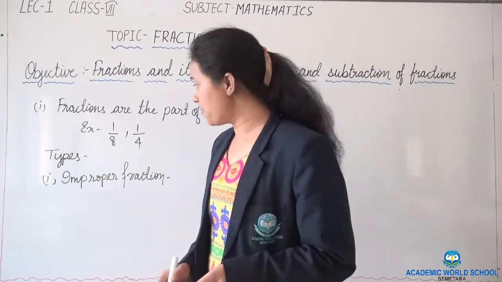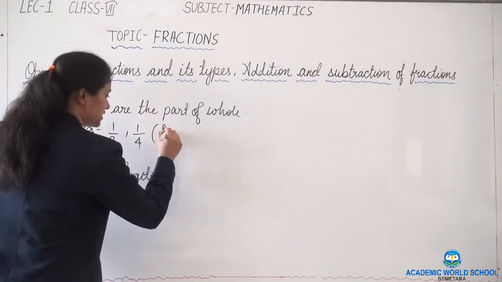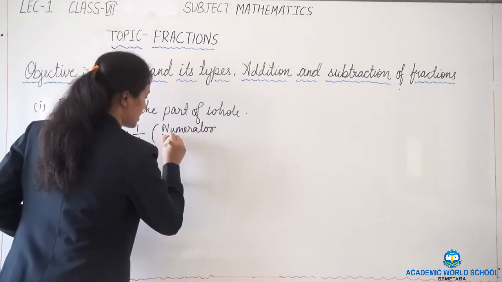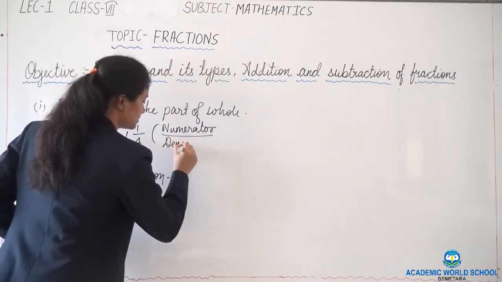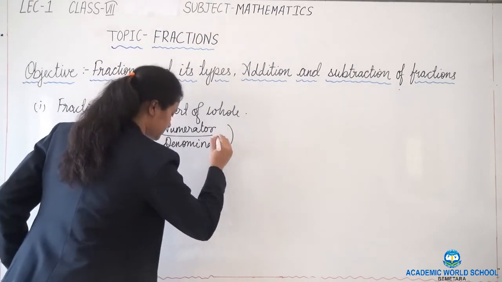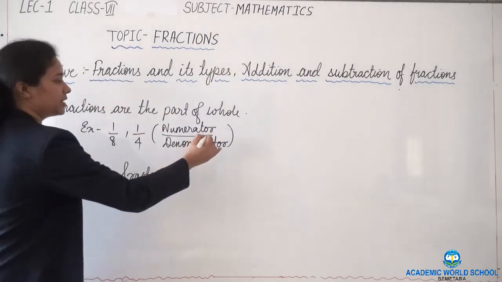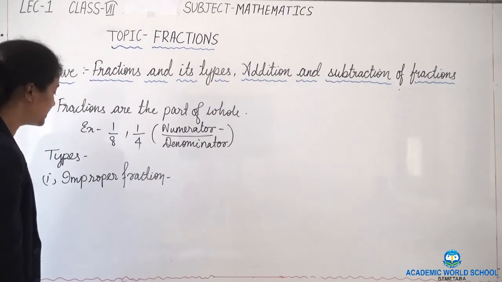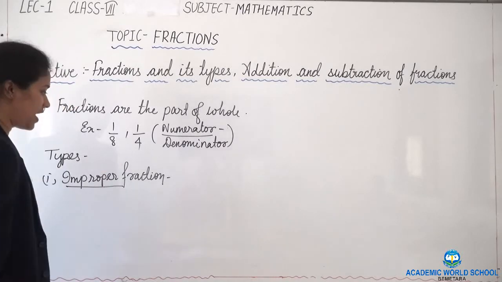A fraction is 2 parts, numerator and denominator. So when this numerator is greater than the denominator, we term it as improper fraction.